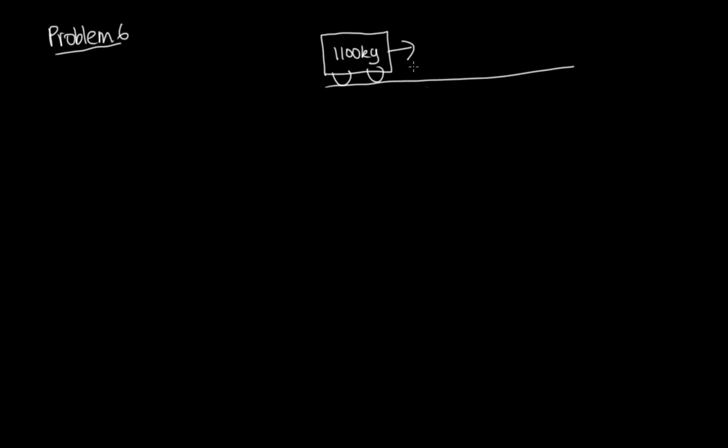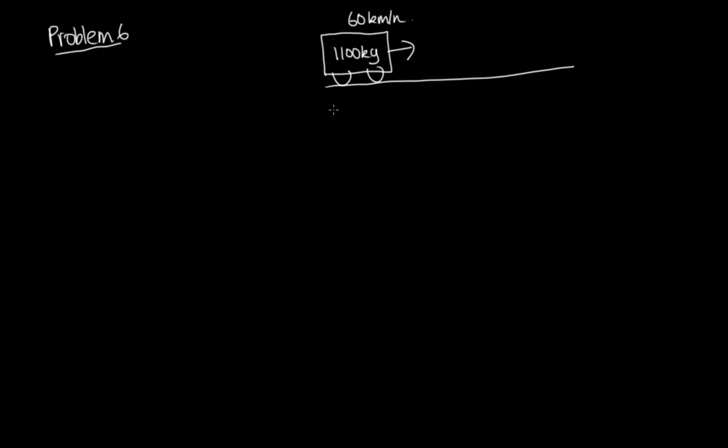Problem 6. So in this problem, we've got two cars heading towards each other. We've got one car here with a mass of 1,100 kilograms. It's heading with a speed of 60 kilometers per hour. So let's just work out what its initial speed is in meters per second.